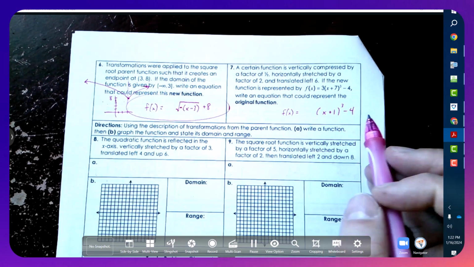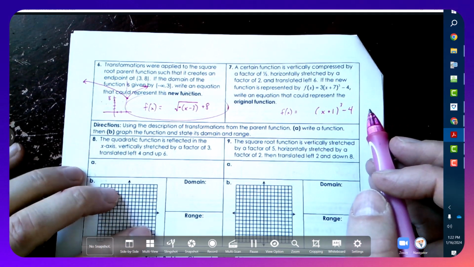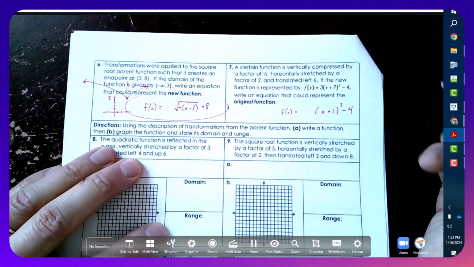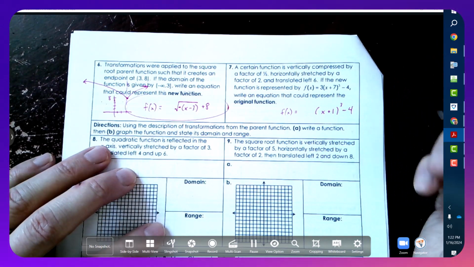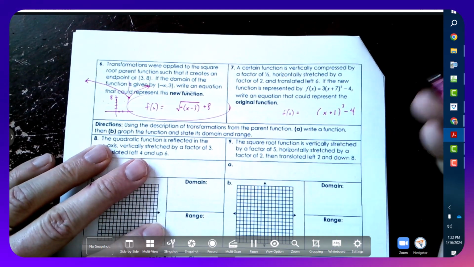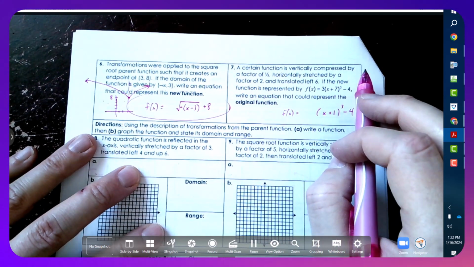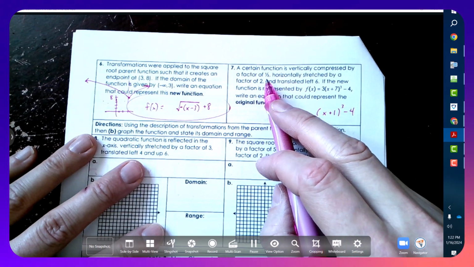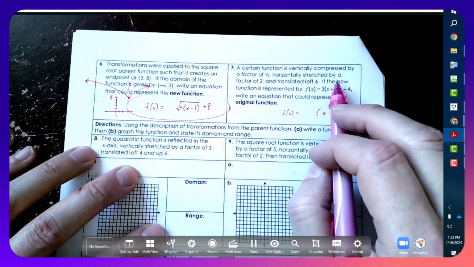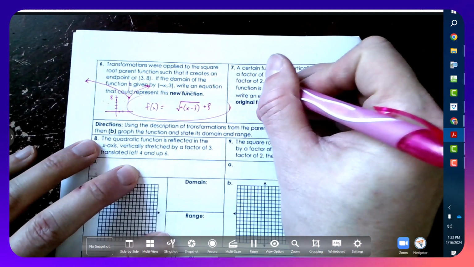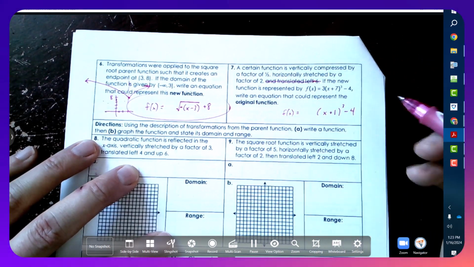Now the issue is with these ones here. Like, what do I do here? I've got to think here because this one's a tough one. If I do a horizontal compression by a factor of 1/2, a horizontal stretch by a factor of 2. Okay, so I've got to get rid of this because it's done.